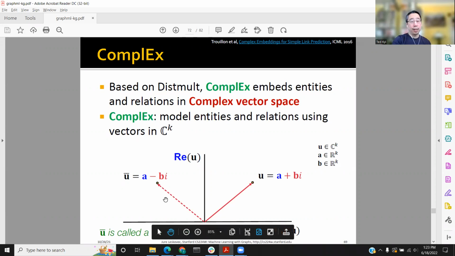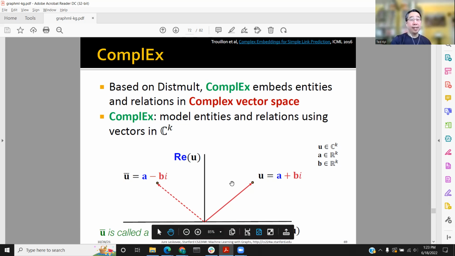If everybody knows what a complex conjugate is: if you have a vector u that has a real component a and a complex component b, then u equals a plus bi. If we flip the sign on the imaginary part, that's the complex conjugate, u conjugate equals a minus bi. b can be positive or negative, but you're always just flipping the sign in order to get the conjugate.